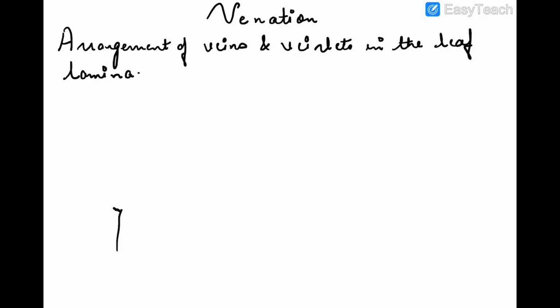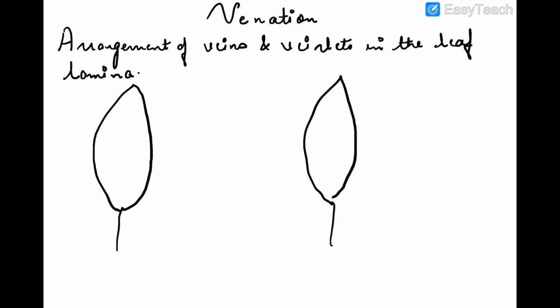Now I am drawing two types of venations. So these are the two leaf laminae. So veins can be either arranged like this, that means the veins are forming here a network.